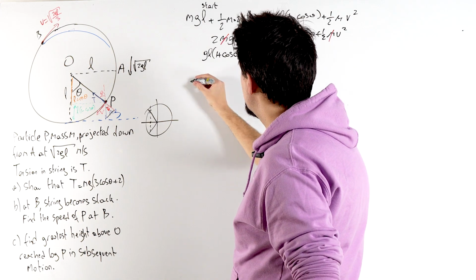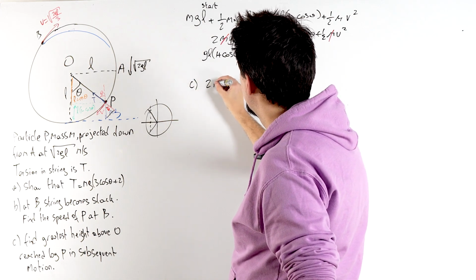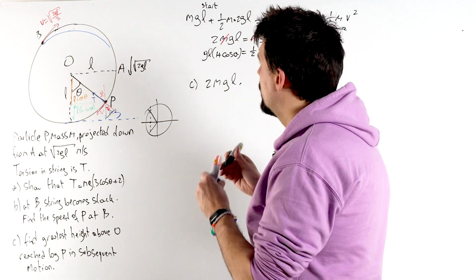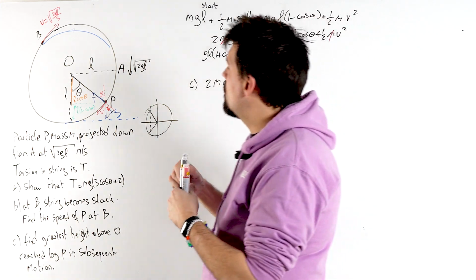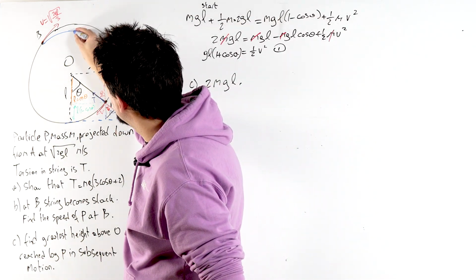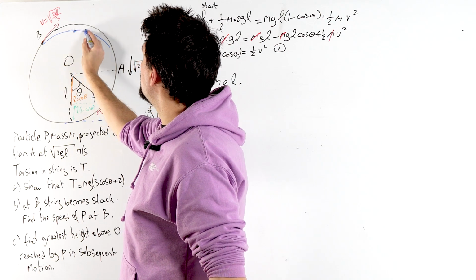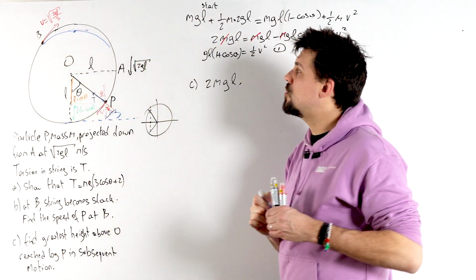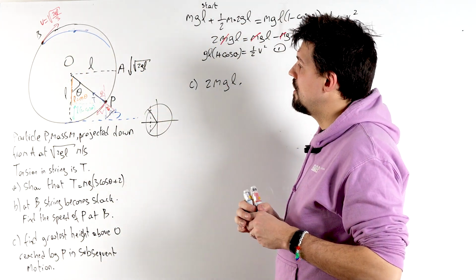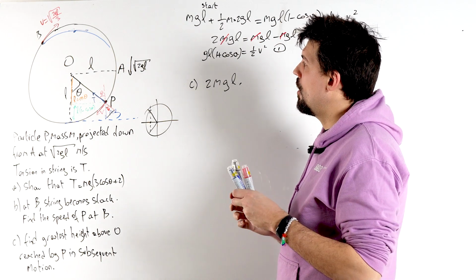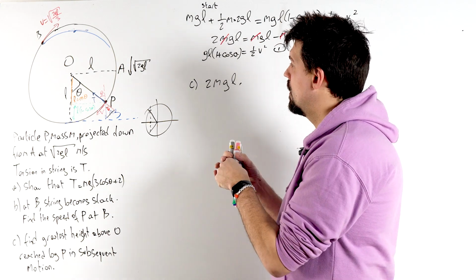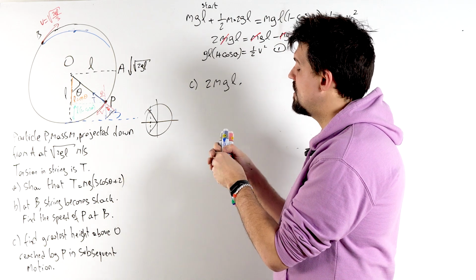Now, when I reach my highest point, the main thing is I only have the horizontal component of velocity. So, what does that mean?